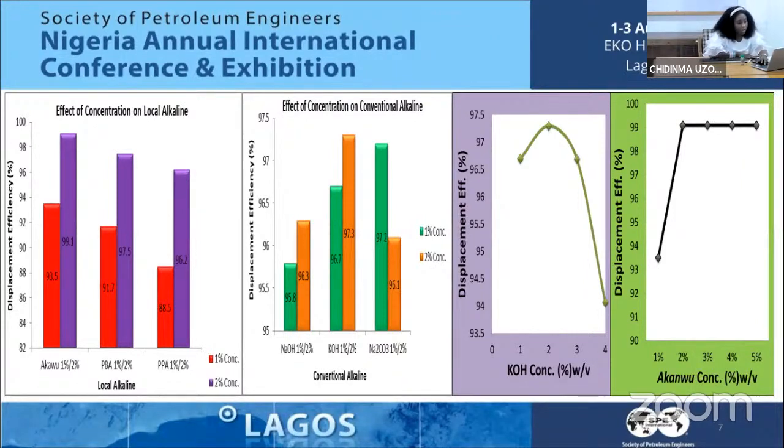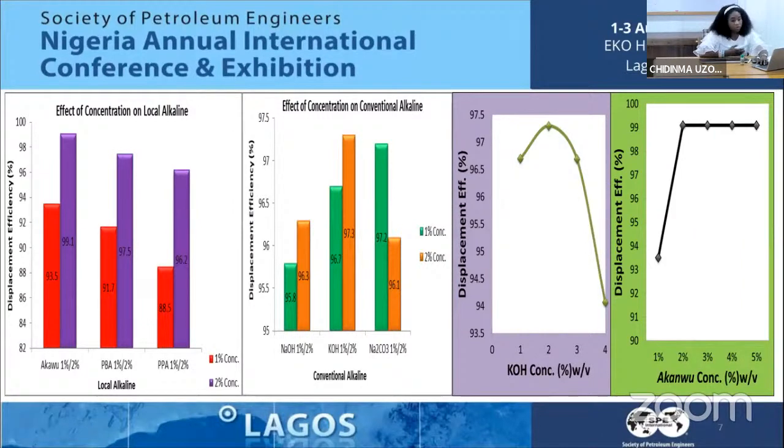For synthetic chemicals, you see that potassium hydroxide performed best at 2%, while sodium carbonate performed best at 1%, and sodium hydroxide performed best at 2%. Then we observed that for the alkali, which is our popular potash, beyond 2% concentration, its performance was constant. But for the potassium hydroxide, its performance declined beyond 2%.